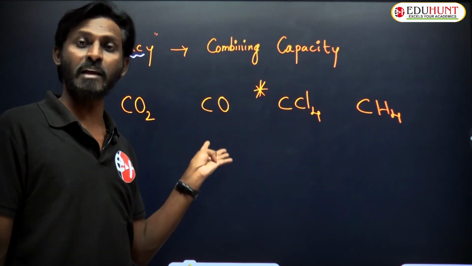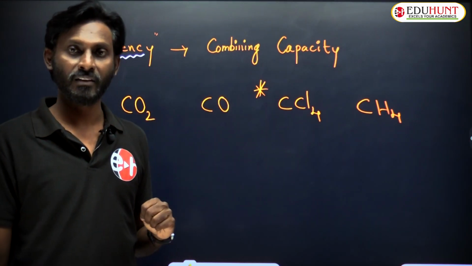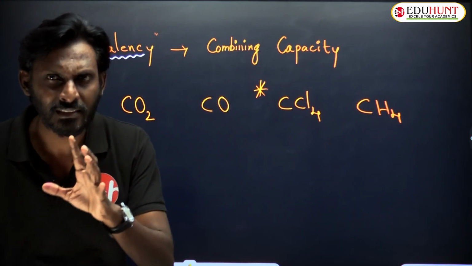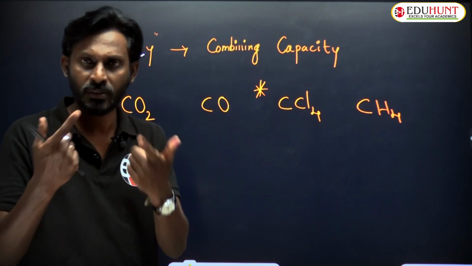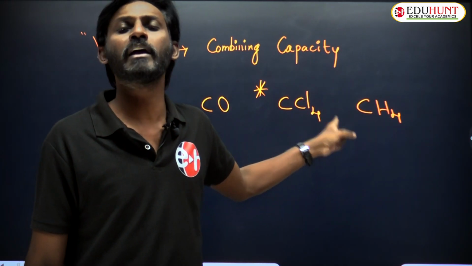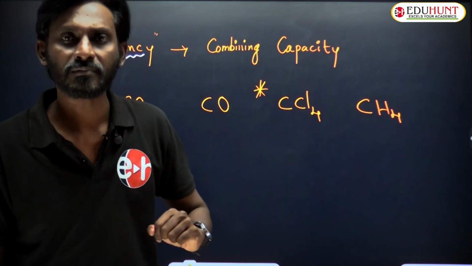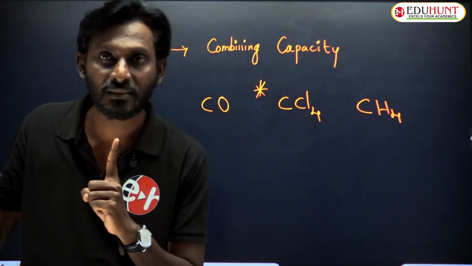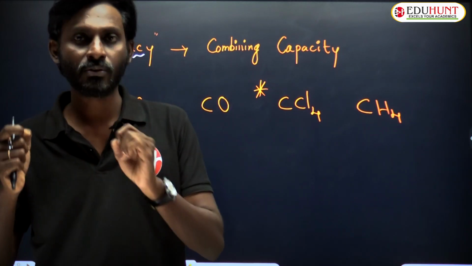Why not 4 carbon combined with 4 chlorine, or 1 chlorine combined with 4 carbon? Similarly here, why does 1 carbon combine with 4 hydrogens? Why not 1 hydrogen combined with 4 carbons? This is a very valid question.